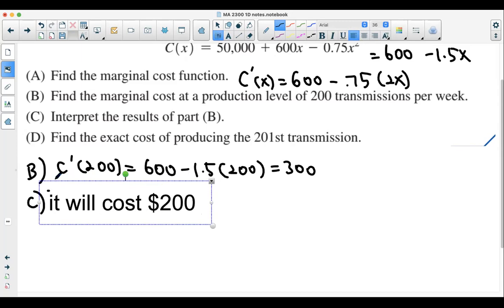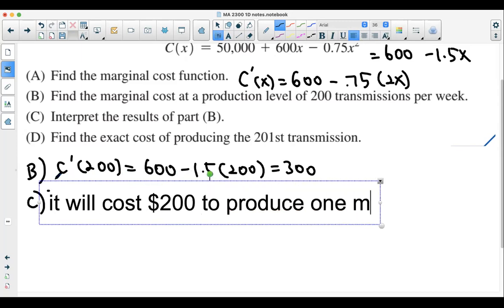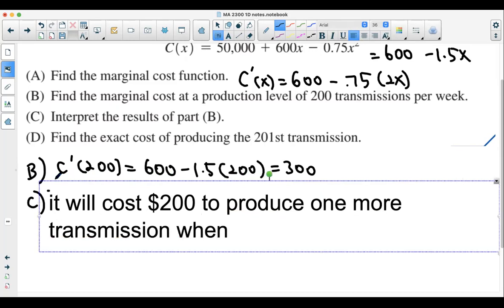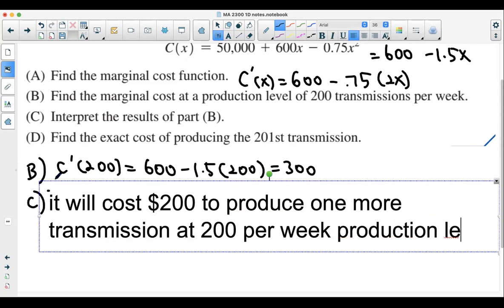It will cost $300 to produce one more transmission at the 200 per week production level. Is it 200 or 300?